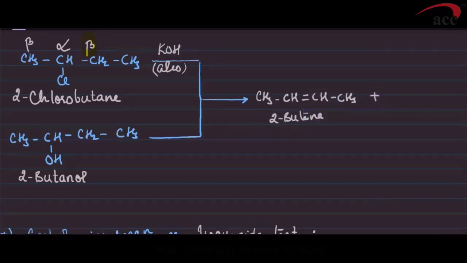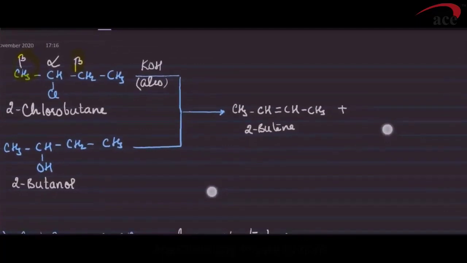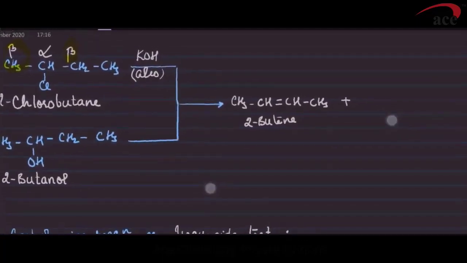Plus, if hydrogen is eliminated from this other beta carbon atom, the product would be CH3, CH2, CH double bond CH2, and we get 1-butene.